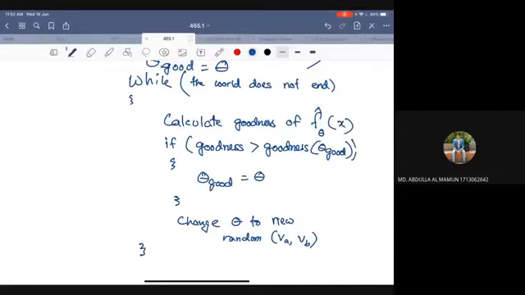So I will calculate the goodness of the function f hat when parameterized by theta. If goodness is greater than goodness of, let's actually be more precise there, because we're calculating the goodness of the function, not of the parameters. Then I say theta good is equal to theta, and then I change theta to some new random values, VA and VB. I keep on going. Will this work?